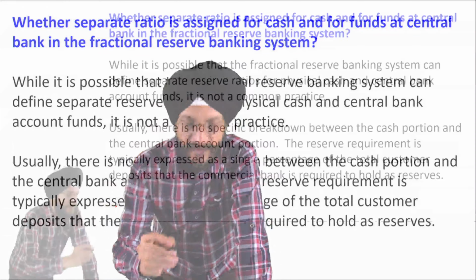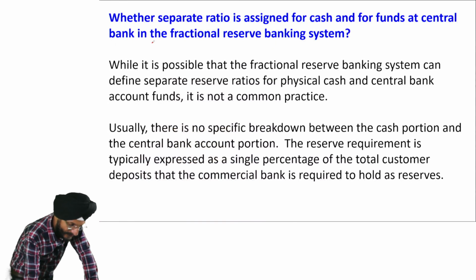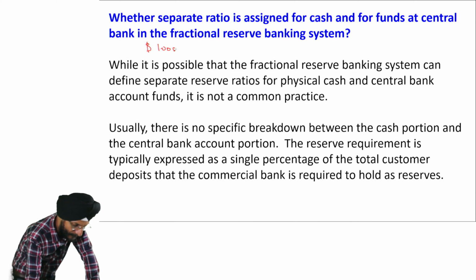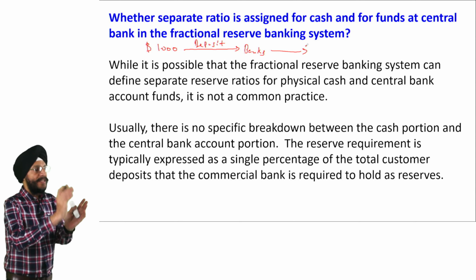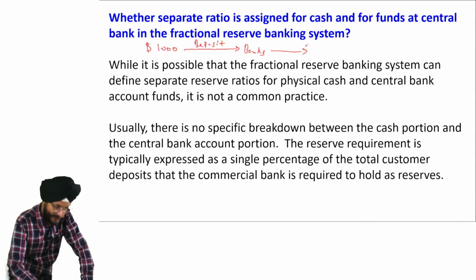We have already learned that in the case of fractional reserve banking, if say $1,000 is deposited in the bank, the banks have to keep a certain percentage or a certain fraction of these deposits as reserves.